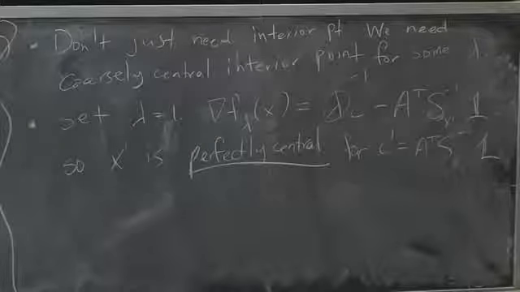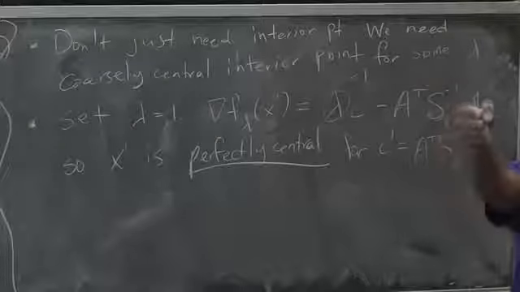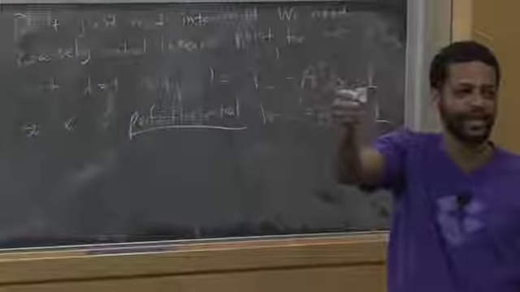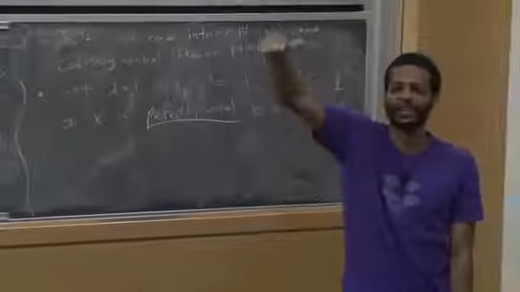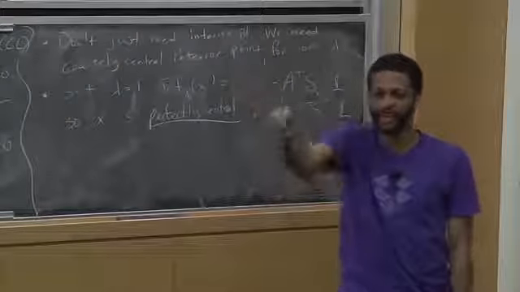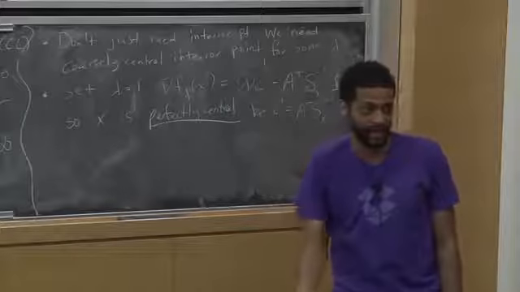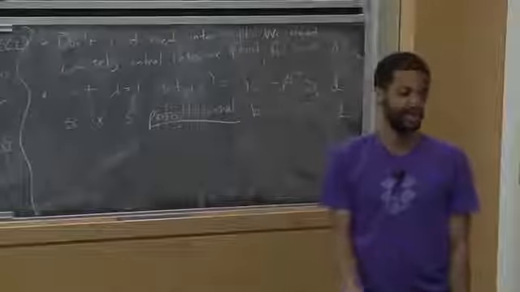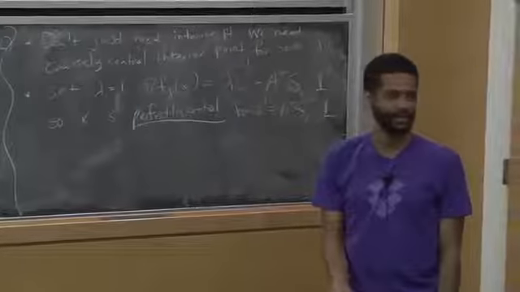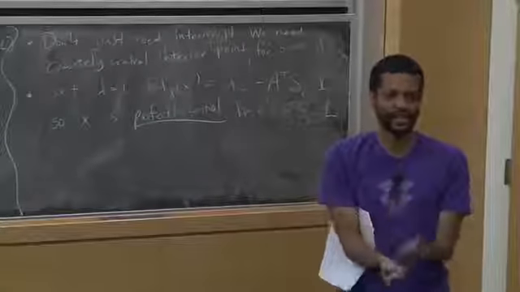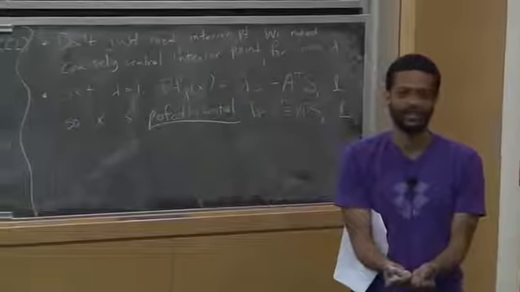So now we have a point which is perfectly central for some cost function. You can basically run all the update steps I told you in reverse. Instead of incrementing lambda by a little, you decrement it by a little, and you run Newton's method, and then you keep refining going down in lambda until you get to a very, very tiny lambda, exponentially small in the precision. And now what do you have? You have a point that's finely central near the analytic center.